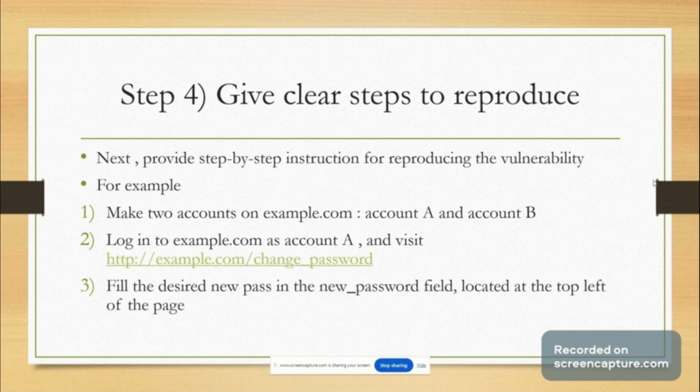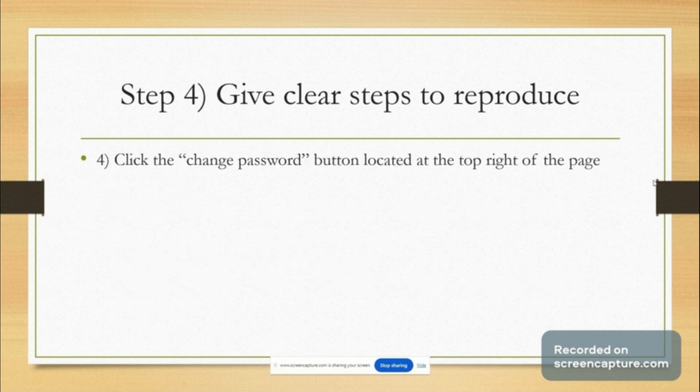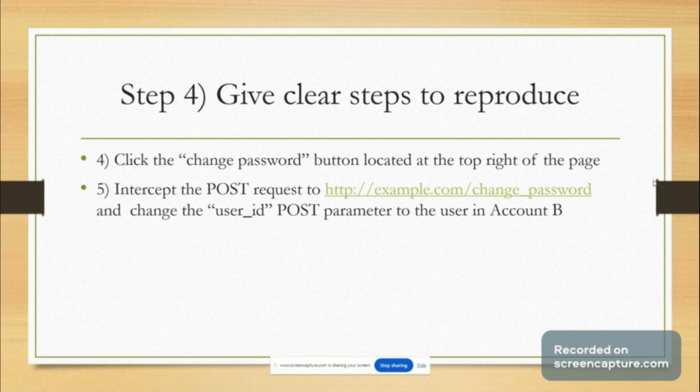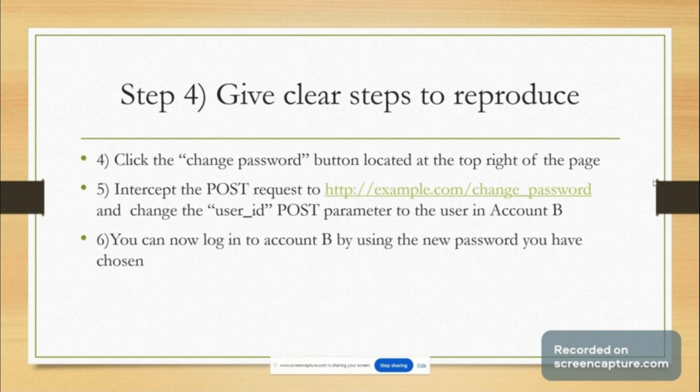Fill the desired new password in the new_password field, located at the top left of the page. Click the Change Password button located at the top right of the page. Intercept the POST request to http://example.com/change_password and change the user_ID POST parameter to the user ID of account B. You can now log into account B by using the new password you have chosen.